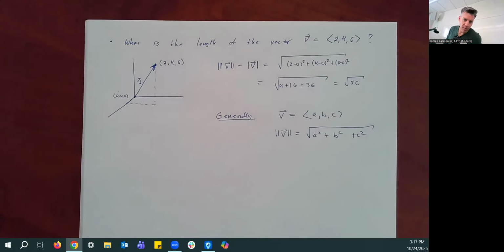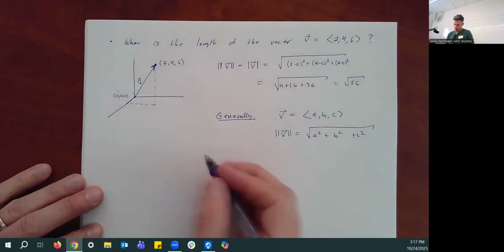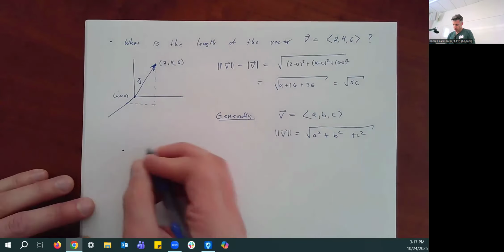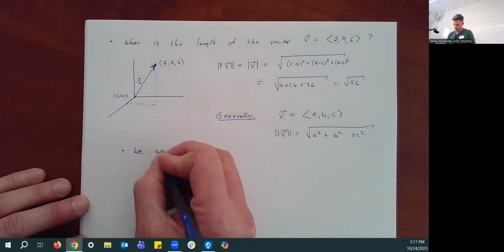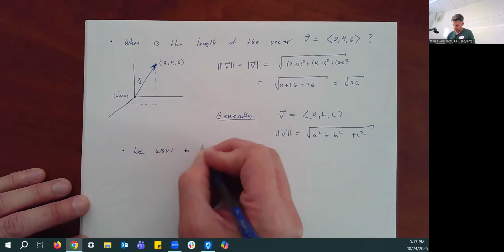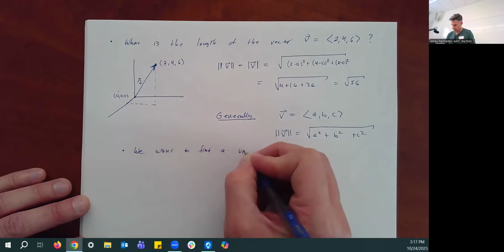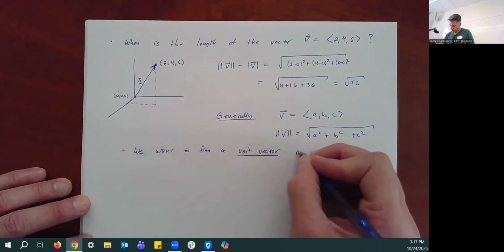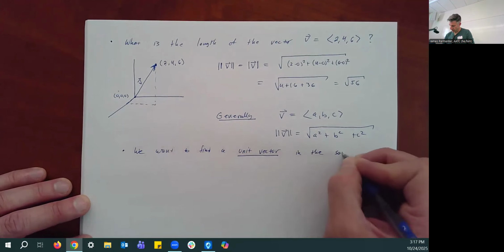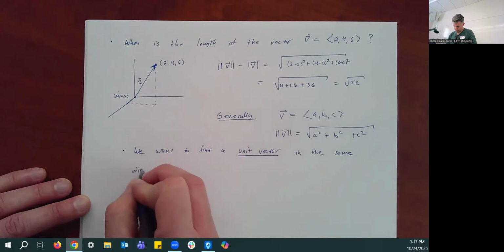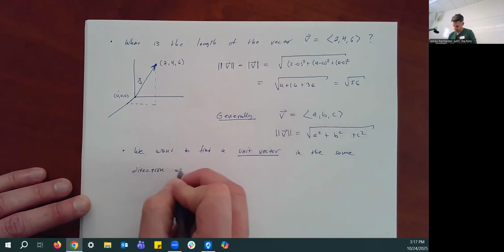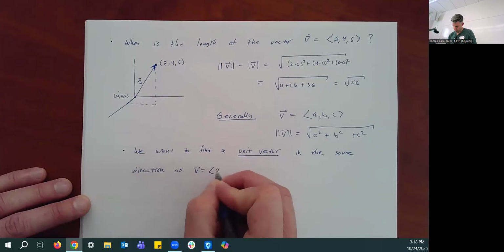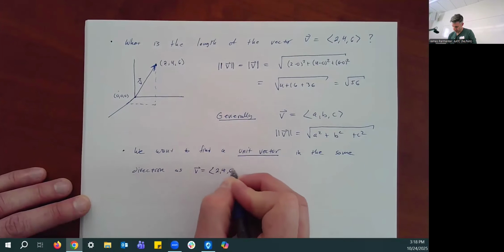Often we want to find a unit vector, which I've said twice and maybe haven't defined, in the same direction as v, which is again the vector 2, 4, 6.